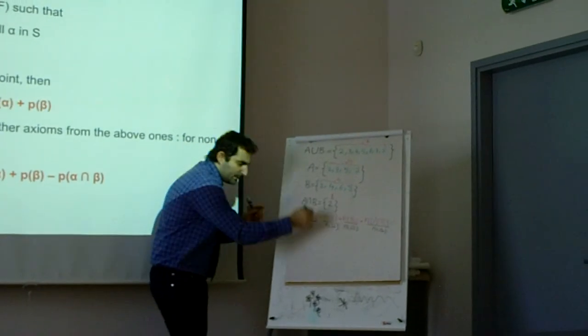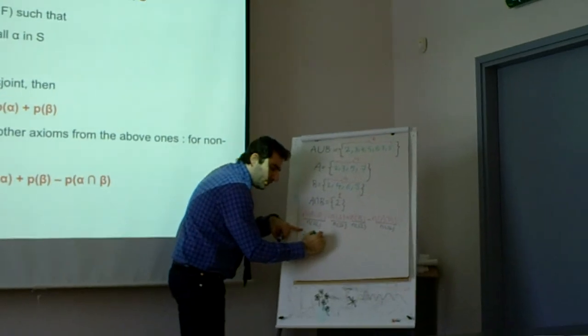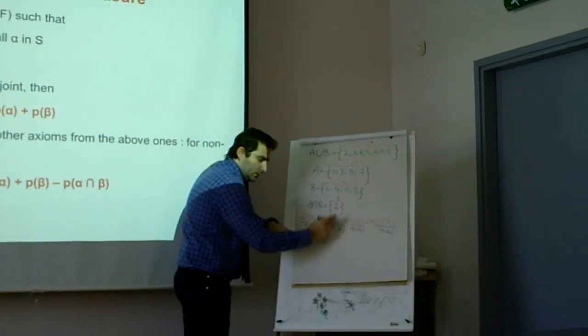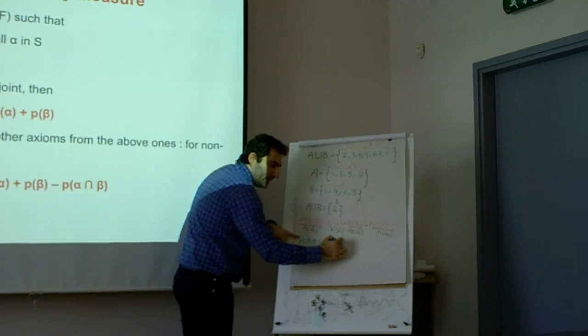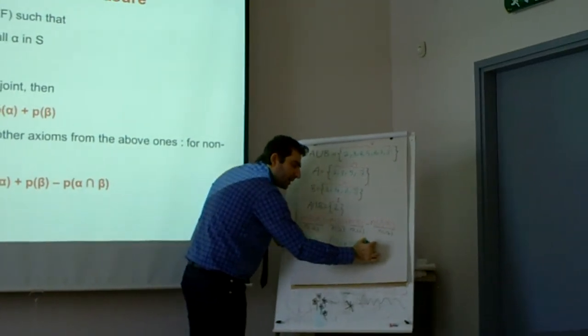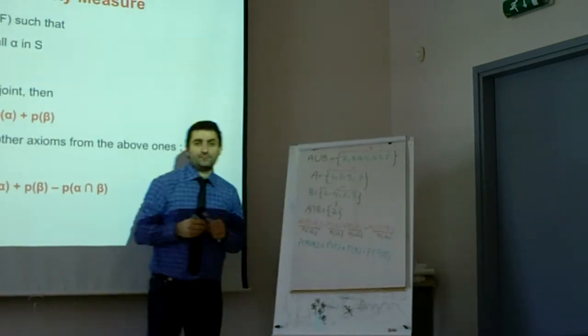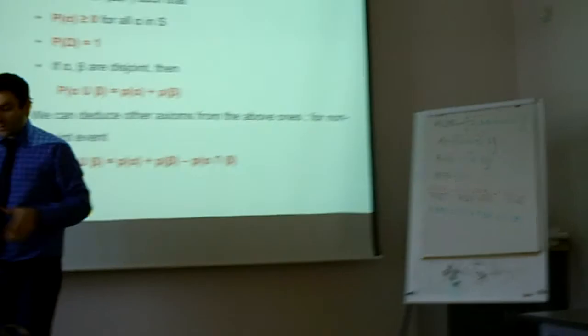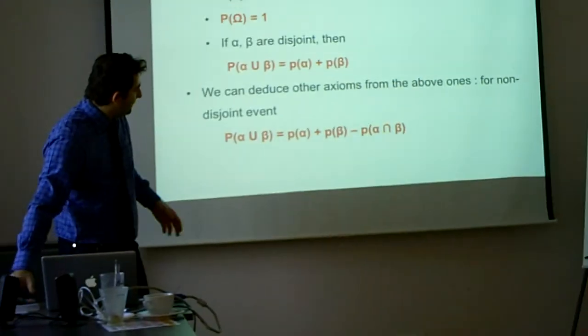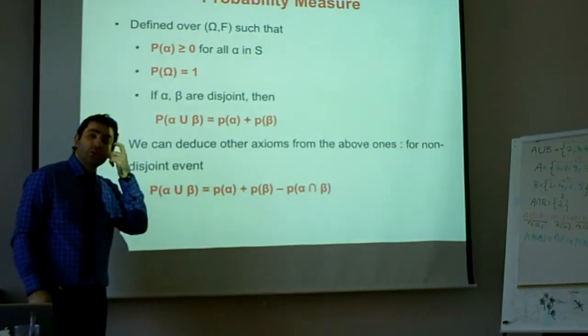So this means the probability of A or B is equal to the probability of A plus the probability of B minus the probability of A and B together. So, this is the proof of this actually, how we have to do it.